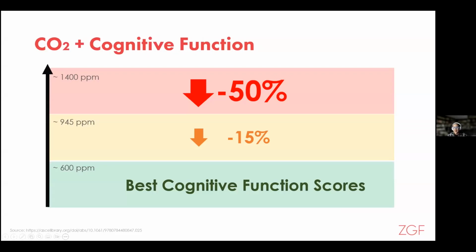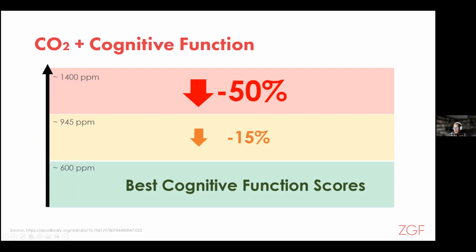For those of you who might not be familiar, when we talk about outdoor levels, and so baseline levels for CO2, we're talking about 500 parts per million, down here in the green area. As we're in a room and there's more people and we're all breathing and talking and excited, those CO2 levels start to go up and we start to see some big impacts on your cognitive functioning.